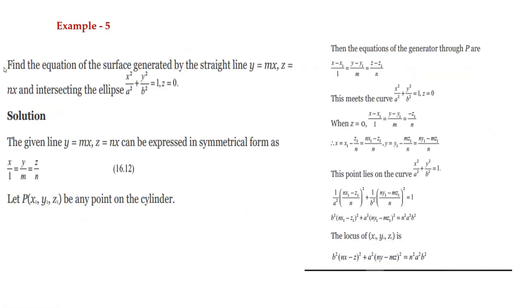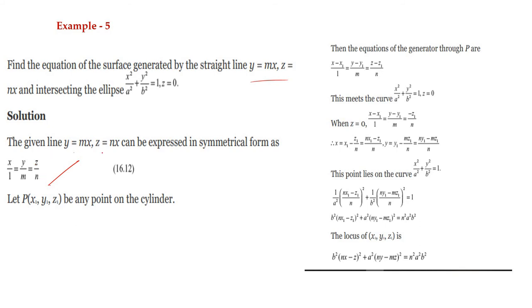Next one, find the equation of the surface generated by the straight line y equals mx and z equals nx. Here the line is not given explicitly, so we can rewrite this in this way: x by 1 equal to y by m equal to z by n.